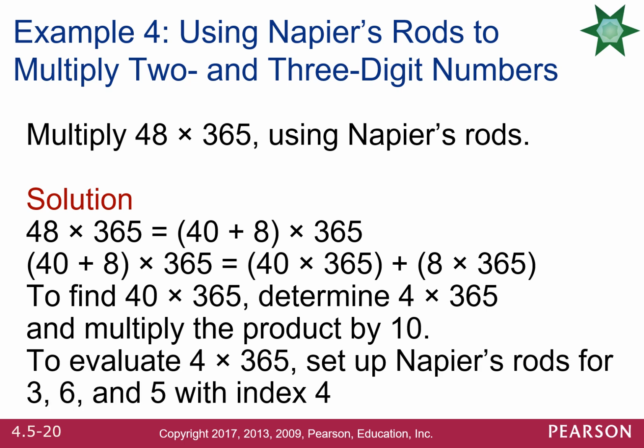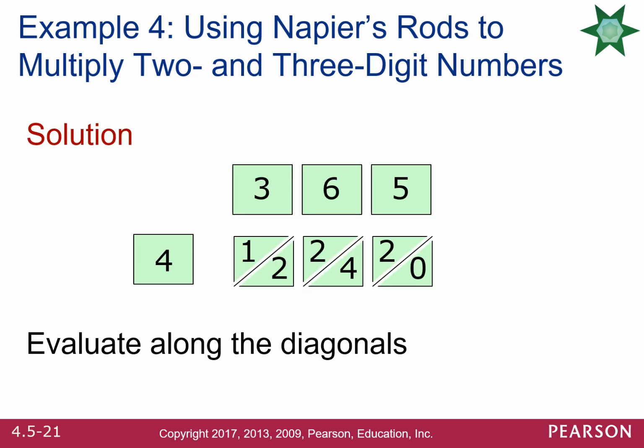And finally, to evaluate 4 times 365, we will set up Napier's rods for 3, 6, and 5 with the index 4. That is how we turn this into a single digit multiplication, and we break up 3, 6, 5 as separate digits and perform the multiplication. So let's go to the next slide to see what the process is after this.